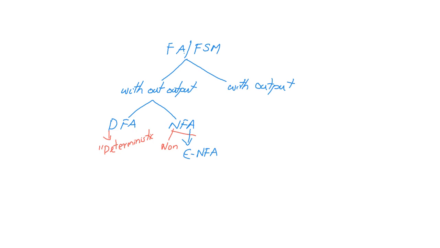And this is with regard to the FAs without output. And again, there is a category called with output, and in that we have two different kinds of machines. One is called a Moore machine, and the other one is called a Mealy machine.